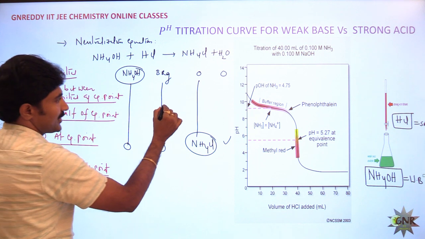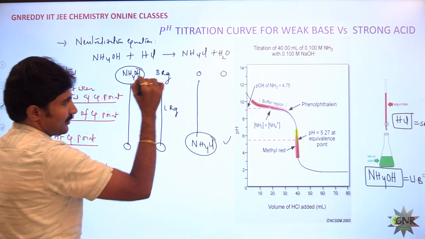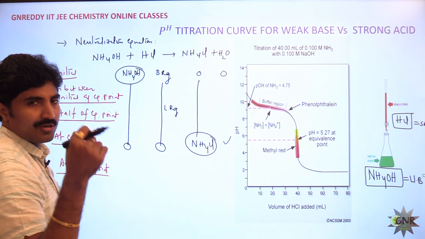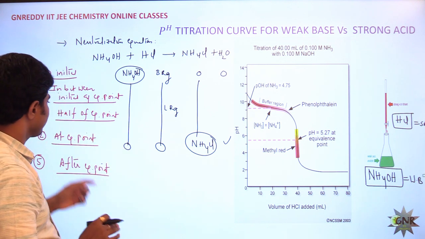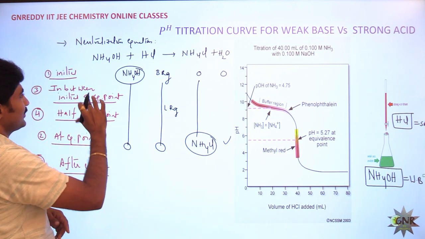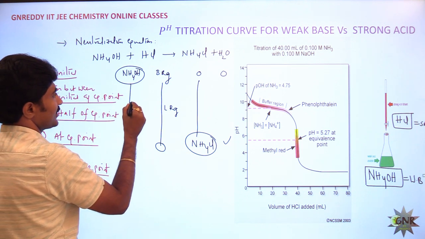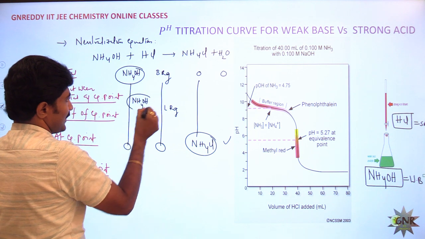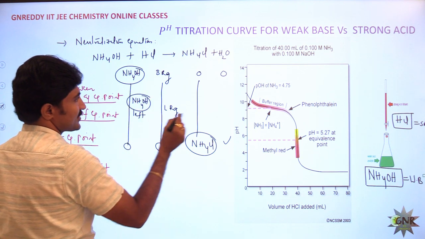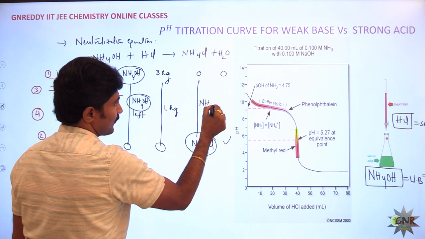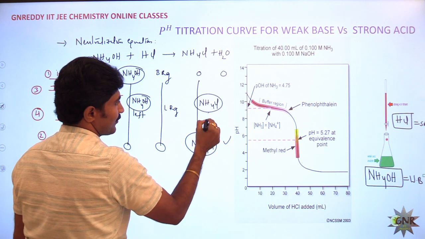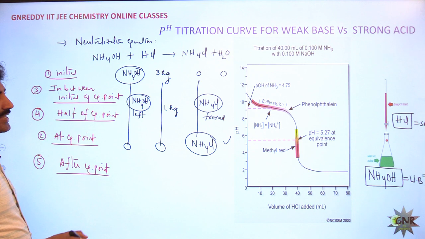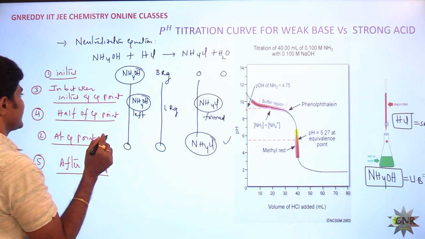Up to the equivalence point the burette reagent is the limiting reagent, because you are adding drop wise, so it will be consumed here, and between these two, ammonium hydroxide is left, and ammonium hydroxide plus formed ammonium chloride mixture will be there.